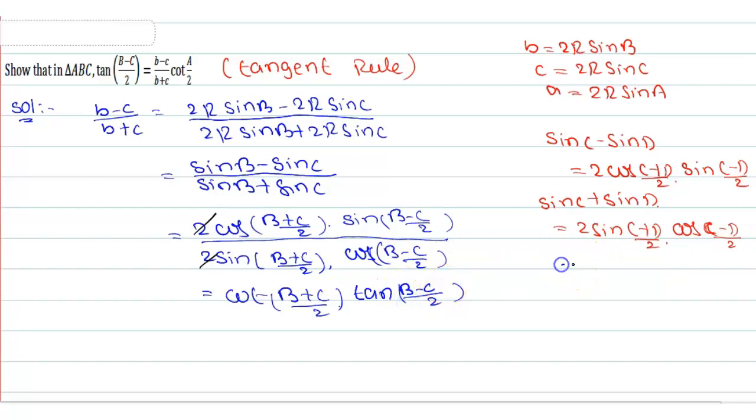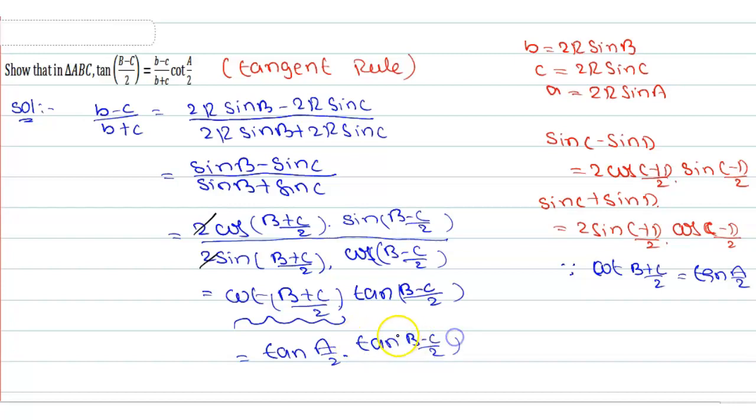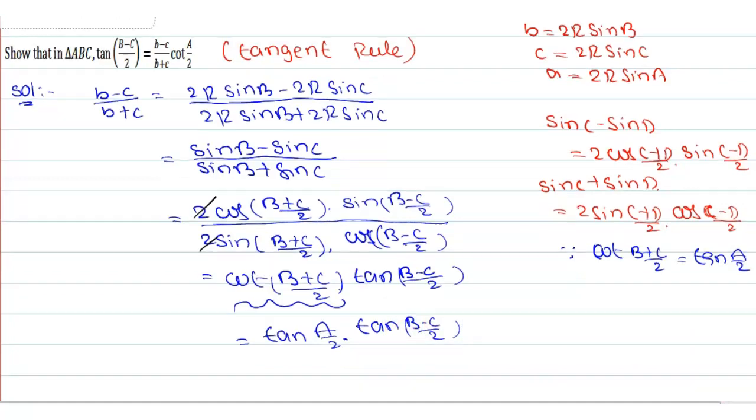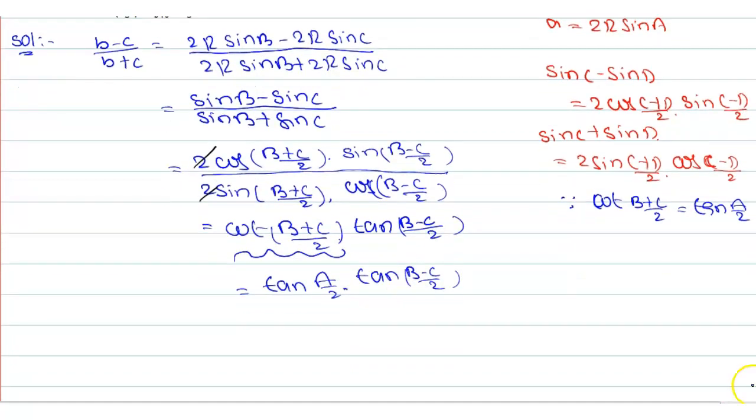So in transformation, cot of (B plus C) by 2 can be written as tan A by 2. So here this is replaced with tan A by 2. So this is equal to tan A by 2 into tan of (B minus C) by 2. Here the left side multiplier goes to the right side denominator.